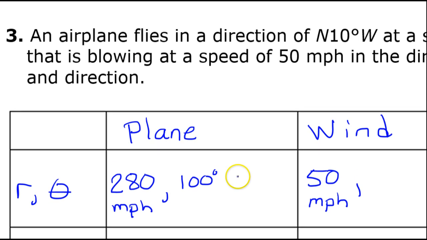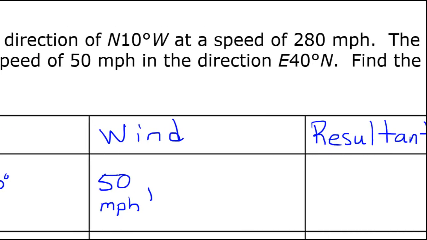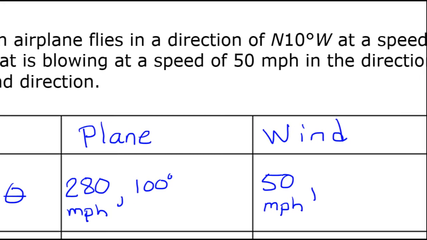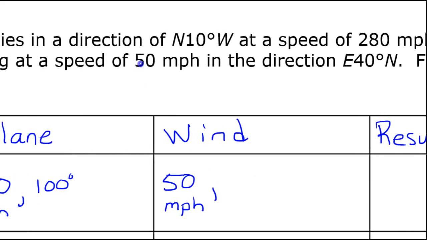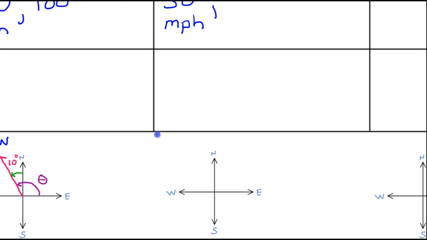Let's do the same thing for the wind. What did they say about the wind? Okay, the plane encounters a wind that is blowing at a speed of 50 miles per hour in the direction of east 40 degrees north. That's the wind. Okay, so they said east 40 degrees north.